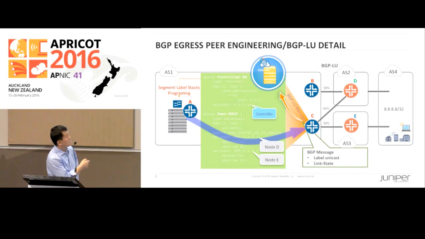The controller part is BGP label unicast, and the peer part is just a normal one. Then for those peers, I will assign a label for each link with egress traffic engineering. That's it. From the peer's point of view, it's just a normal BGP peer.